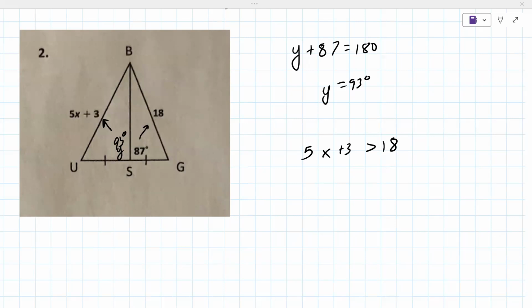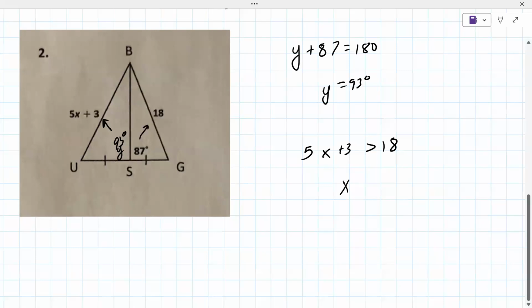So go ahead and solve that for us, please. X equals 3.